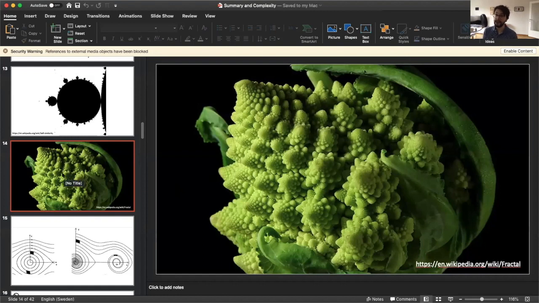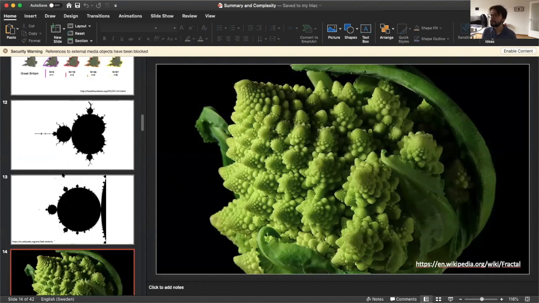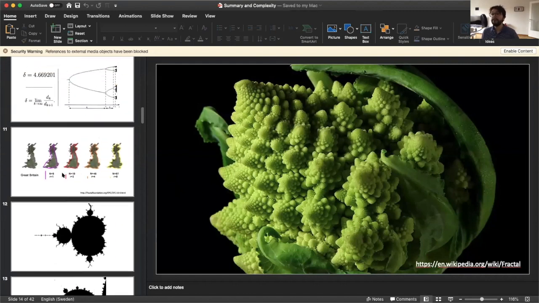You can see them in nature very much. And this is because it's a way to maximize the surface given a certain volume, because a mathematical fractal has potentially infinite surface for a given volume.